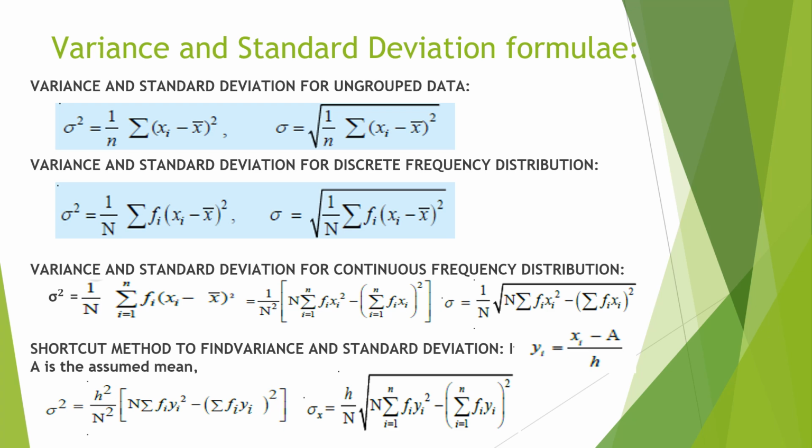So let yi is equal to xi minus A upon h. Then in this case our formula for variance is h square upon n square, n sigma Fi yi square minus sigma Fi yi whole square, and the square root of variance is standard deviation. These formulae will get very clear as soon as we start with the examples.